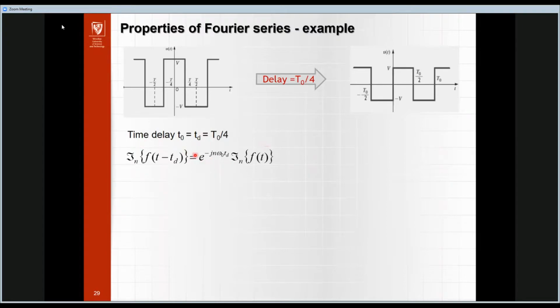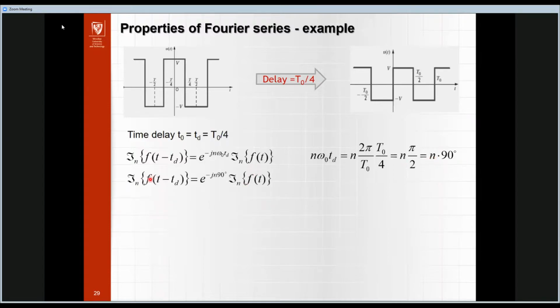So we can multiply our coefficients from the original functions by this coefficient. Now I calculated this one, n omega t_d, and when I put this value in, I obtain n multiplied by 90 degrees.